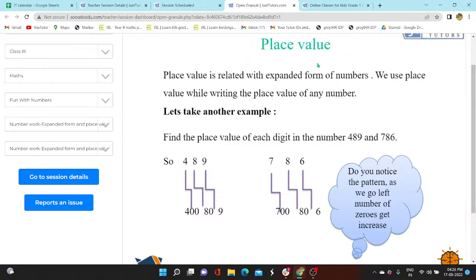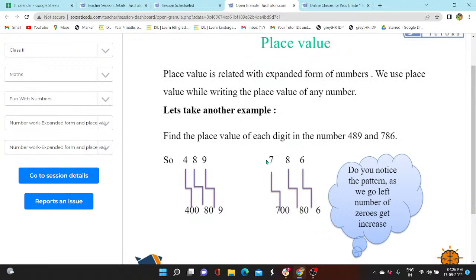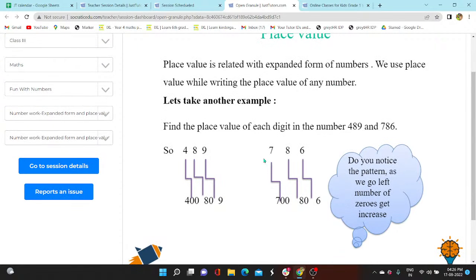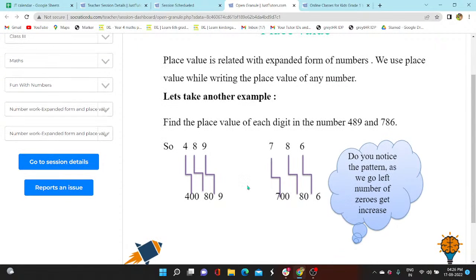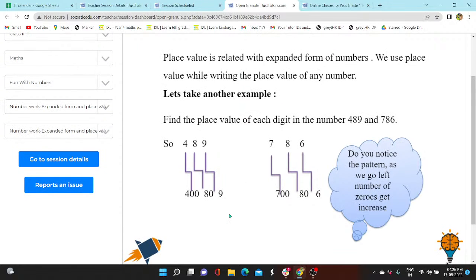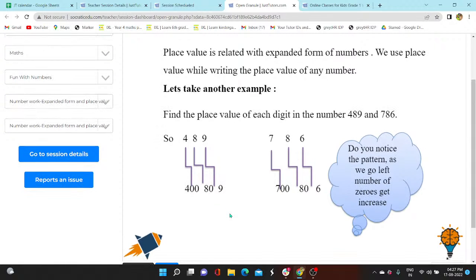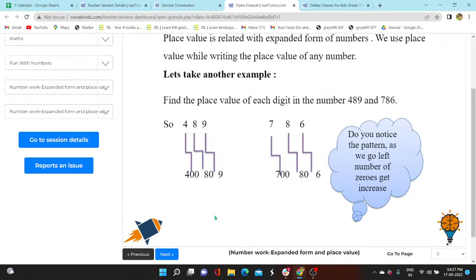Now place value is related with expanded form of numbers. We use place value while writing the expanded form of any number. Let's take another example. Find the place value of each digit in the numbers 489 and 786. So we have two numbers, 489 and 786, and we have to find the place value of each digit in these two numbers.